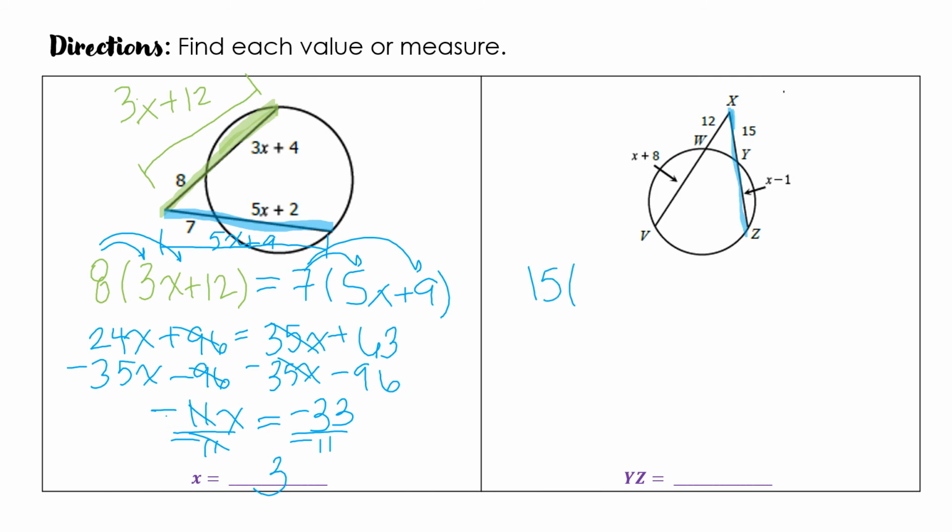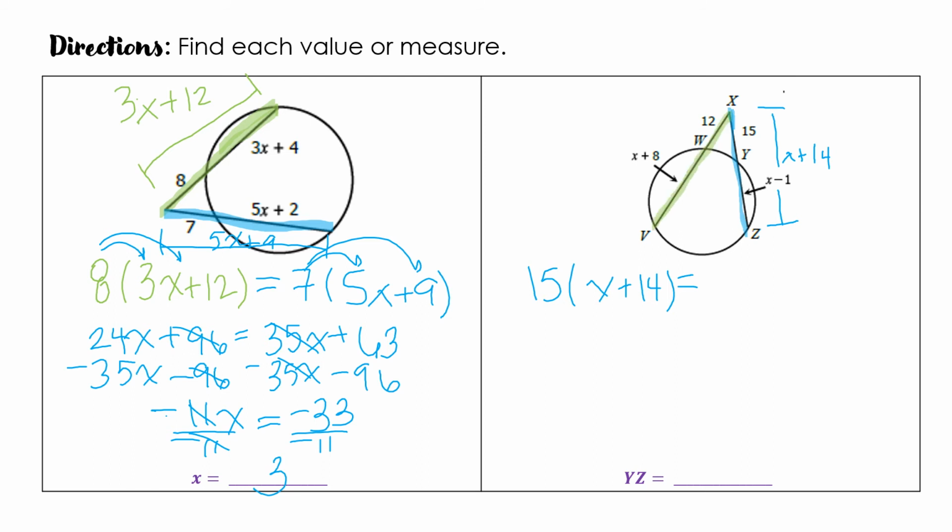The whole length of XZ is 15 plus x minus 1. So if I combine my terms, that would be x plus 14. So outside is 15, whole length is x plus 14. And that should equal, let's look at the other secant.